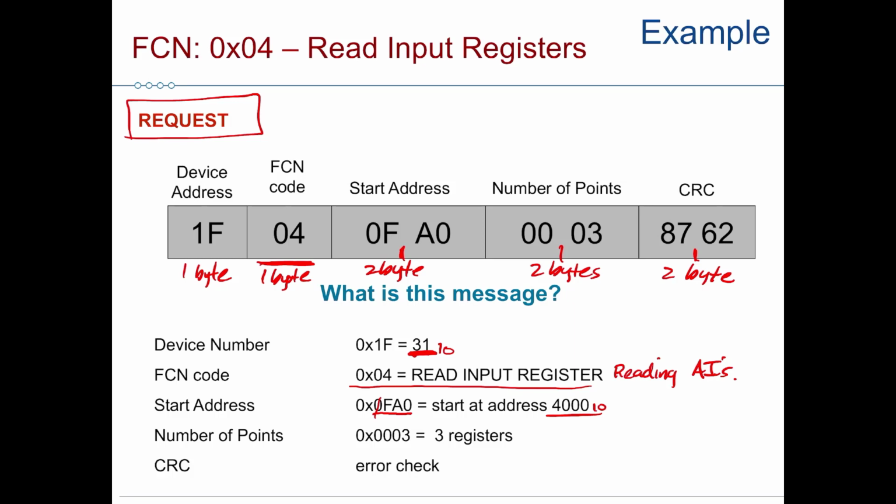So that means our start address for this analog input is 4,000. And then we indicate the number of points. Because we've got a 2-byte value that's equal to 3, it's only 3 registers that we want to read. Okay, so that's the request, and it's a request to read 3 analog inputs, which we know are 2-byte values, starting at address 4000.